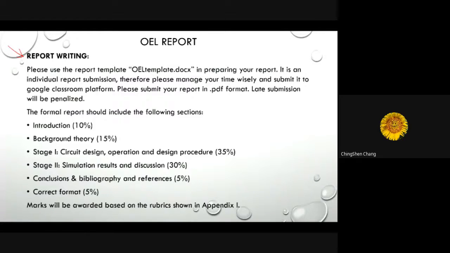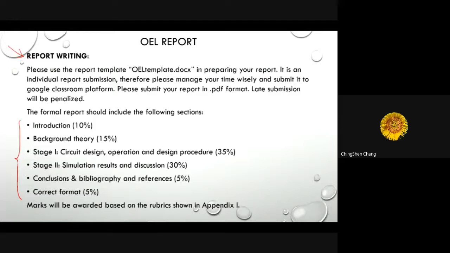These are the criteria that I will be looking at once I mark the report. You can refer to Appendix 1, which has a rubric on the criteria that will be assessed in order to get the marks. For the report, we have introduction 10%, background theory 15%.